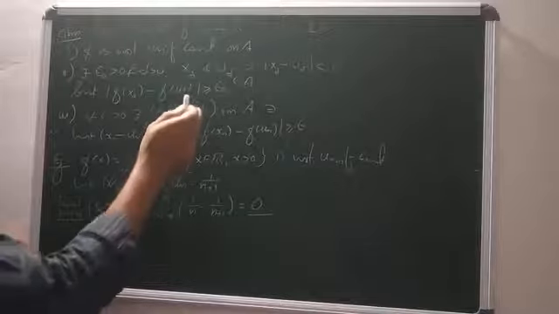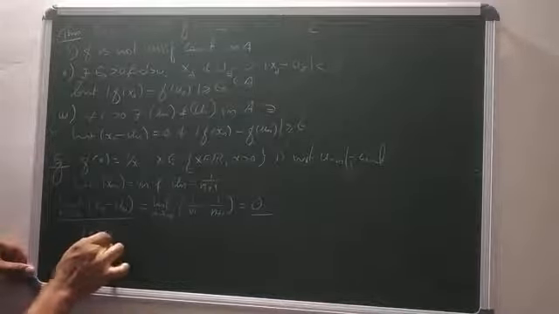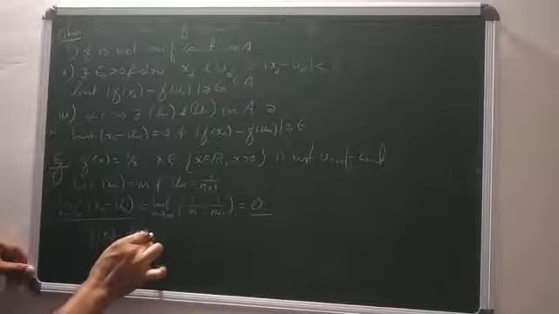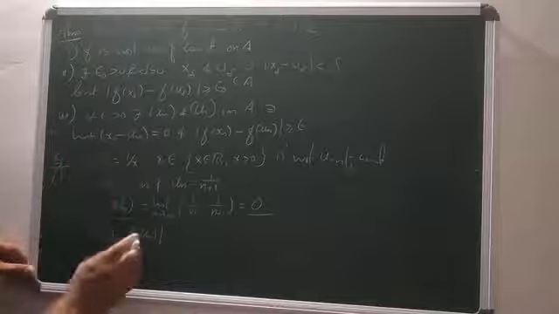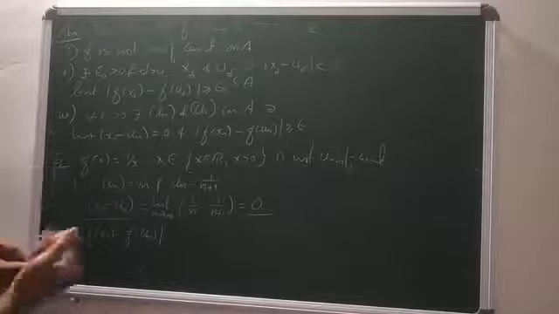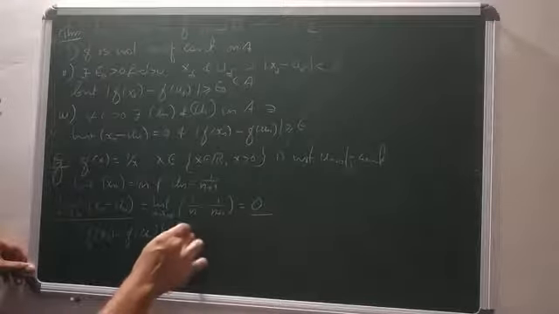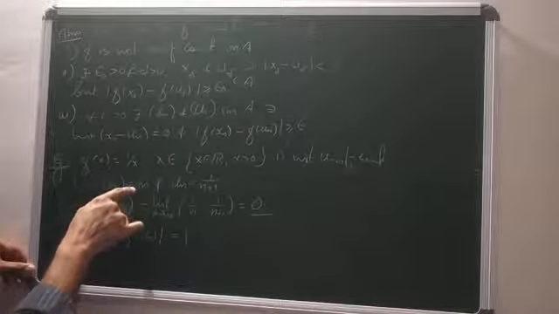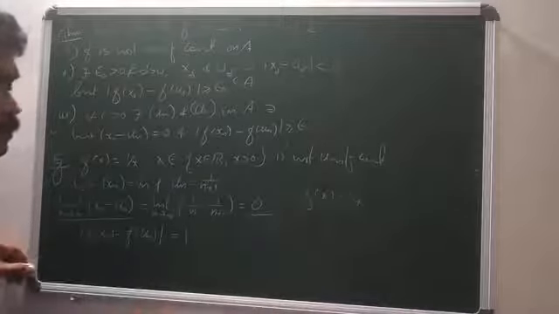Okay, so by the non-uniform criterion, now consider modulus of f of xn minus f of un. To prove this is not uniformly continuous, we have to show that modulus of f of xn minus f of un is greater than or equal to some epsilon. But what is f of xn minus f of un? Xn is 1 by n, and here f of x is 1 by x, the given function.